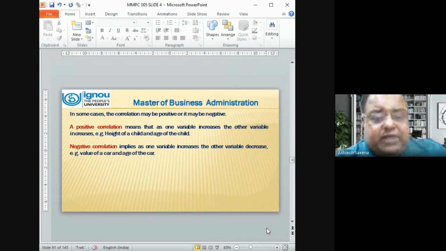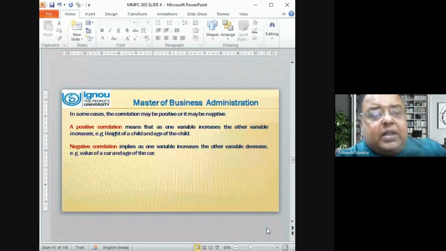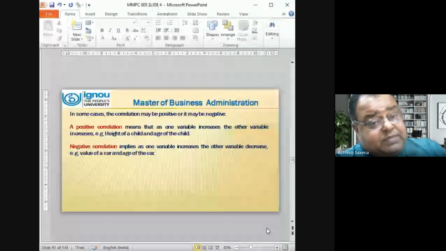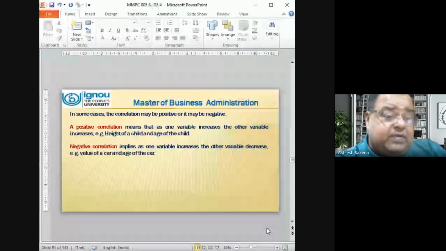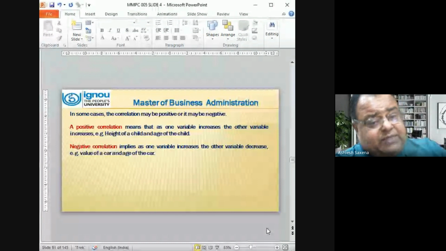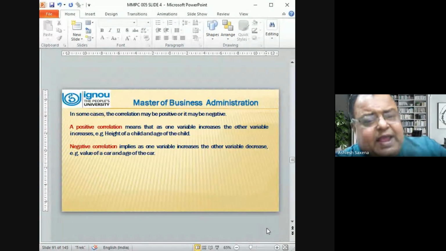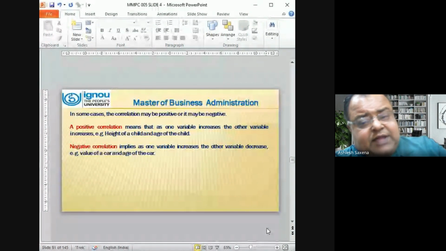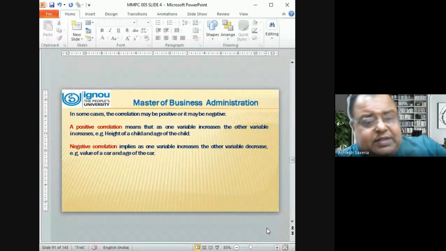The correlation may be positive or negative. A positive correlation means that as one variable increases, the other variable increases. For example, the height of a child increases with the age of the child. Negative correlation implies that as one variable increases, the other variable decreases. That means the value of a car decreases with the age of the car.